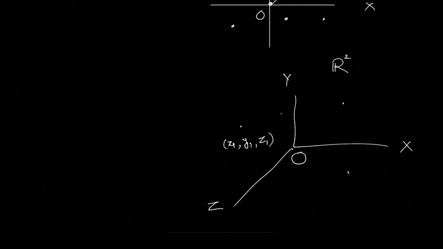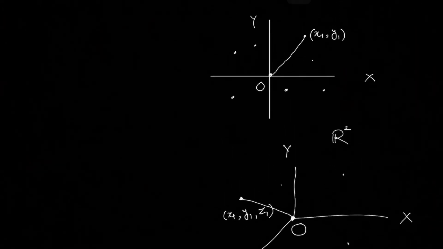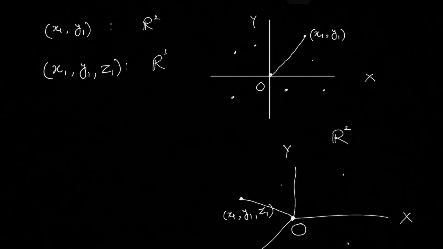You can take that point as the terminal point and the origin as the initial point, and this vector will have x1, y1, z1 as its components. So this is our R3. Vectors in R2 have two components, and vectors in R3 have three components.